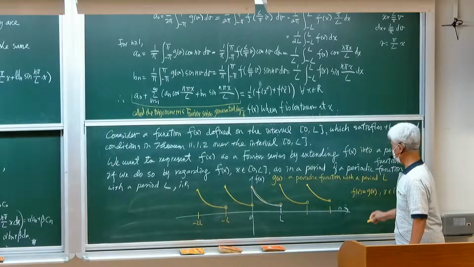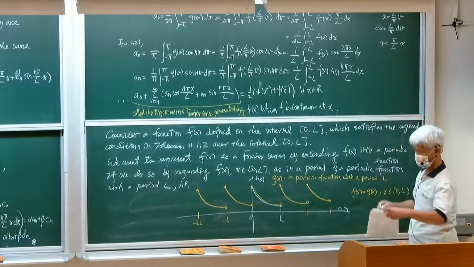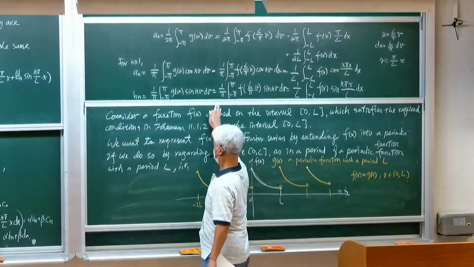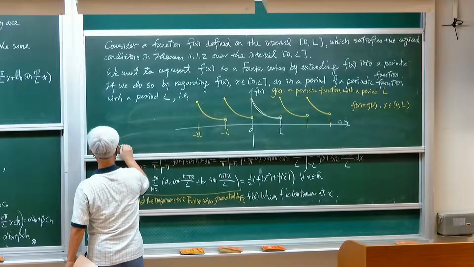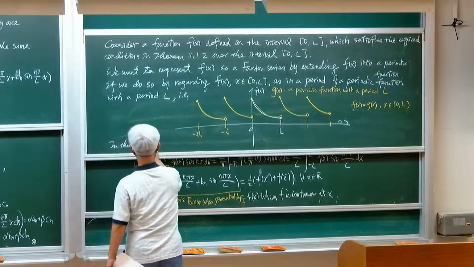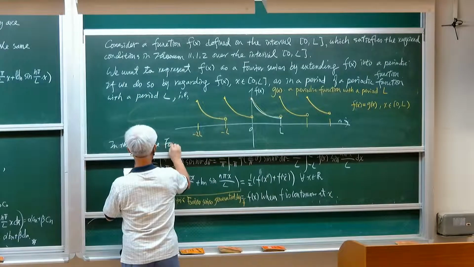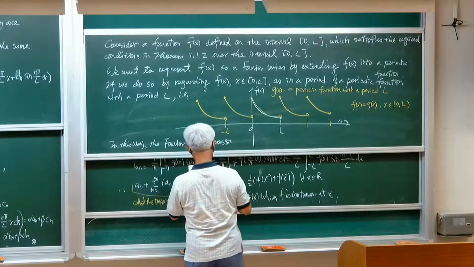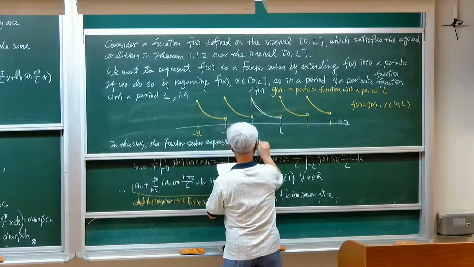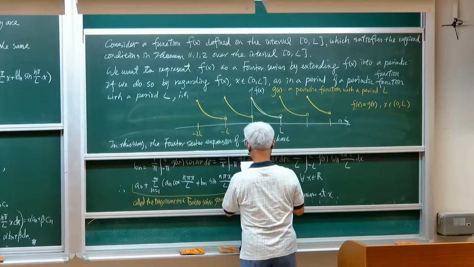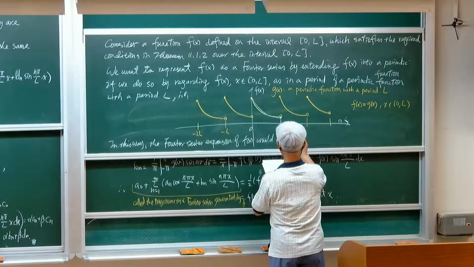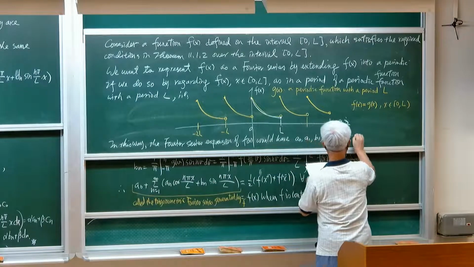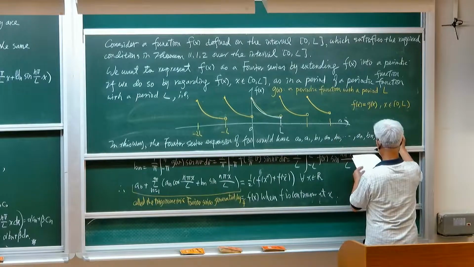But in this way, the Fourier series expansion of f of x would have A0, A1, B1, A2, B2, An, Bn as coefficients.